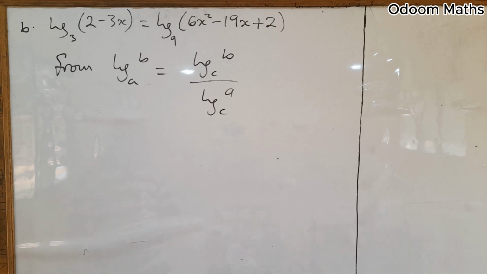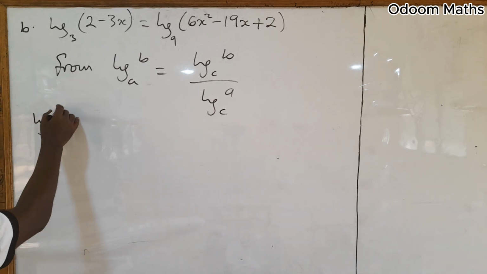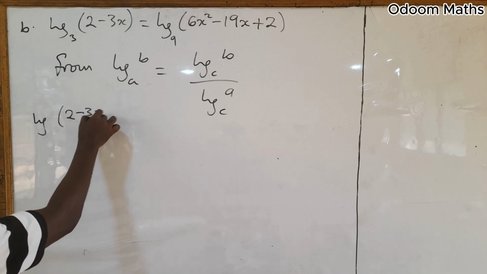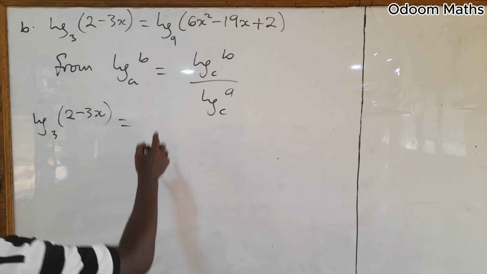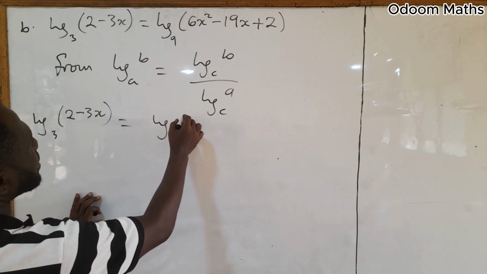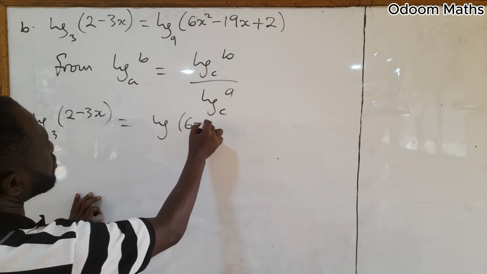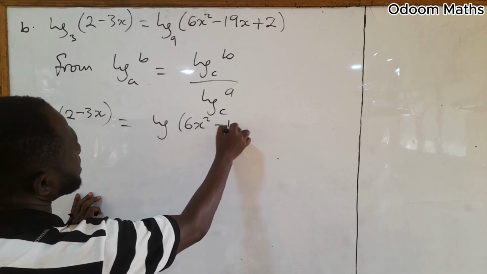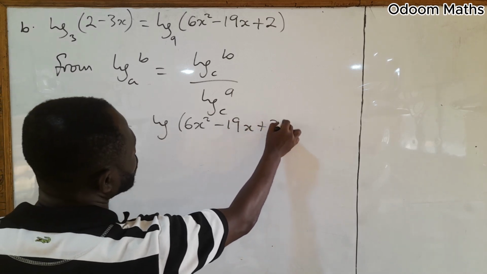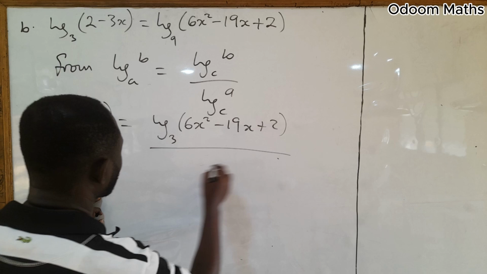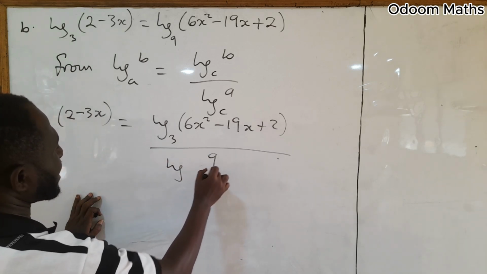So from this side, we can say that log into bracket 2 minus 3x base 3 is the same as log into bracket 6x squared minus 19x plus 2 base 3 over log 9 base 3.